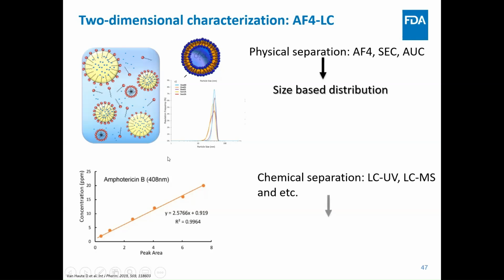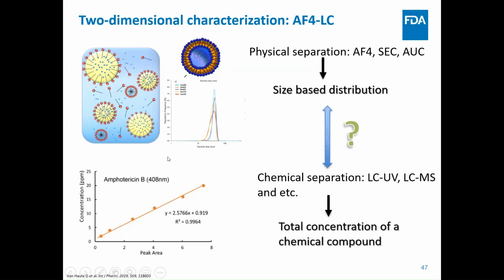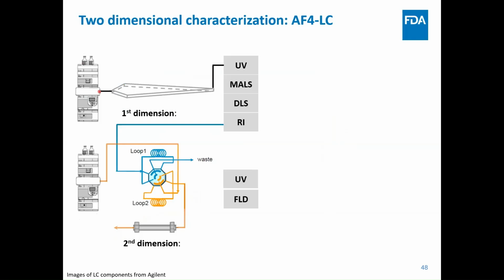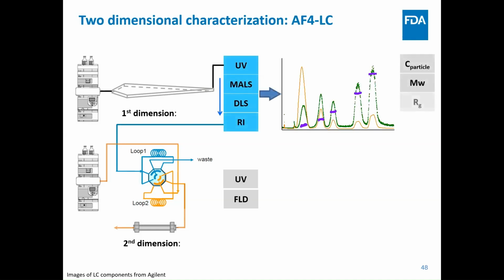And in order to correlate the composition with the size, we need to couple two different techniques together, either online or offline. So, for example, if we use AF4 as the first dimension to separate the liposome formulation, the liposomes will be separated based on their hydrodynamic size, and they will pass through a series of online detectors.